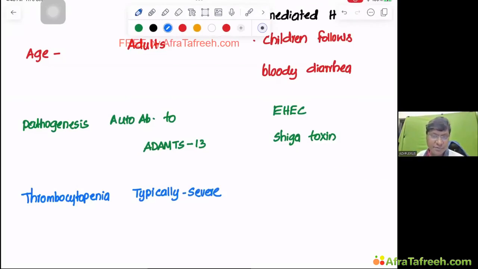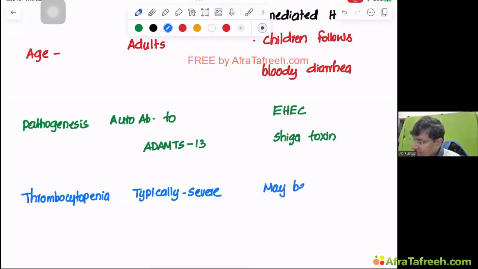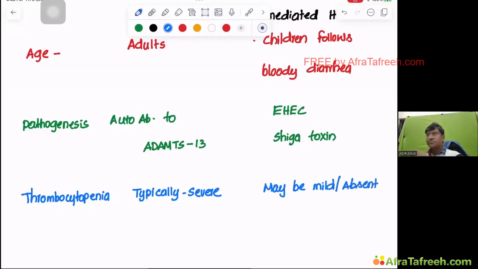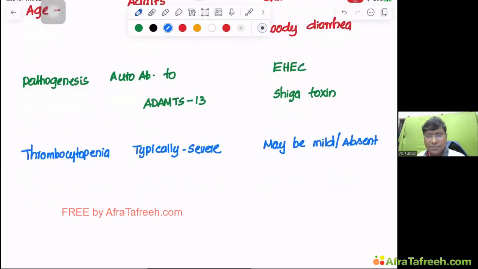Whereas in case of Shiga toxin mediated hemolytic uremic syndrome, this may be mild or absent. Which one? Thrombocytopenia.